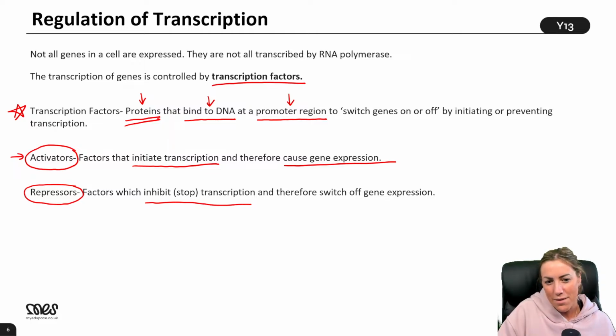I can't remember the modules in OCR, but it's towards the back end of year 13. You're going to have to get your specs out and have a little look. It's when you're doing genomes and gene expression. Oh, cellular control. It's called cellular control for OCR. Yeah, cellular control, regulation of transcription in cellular control. And I'm going to trust what Somi says, genome projects for AQA.